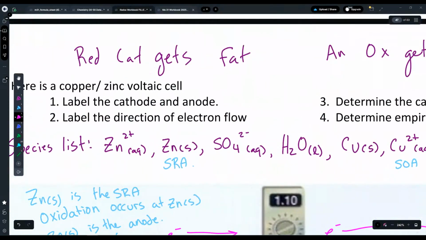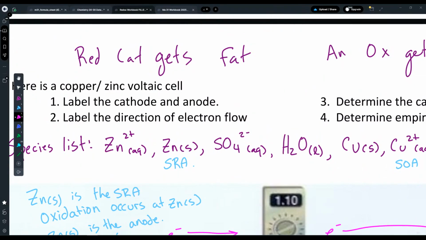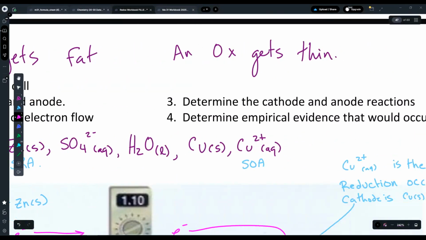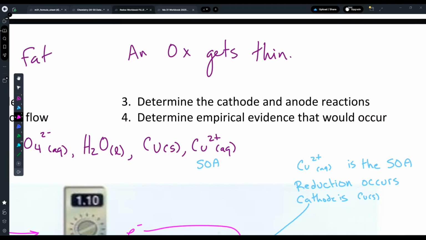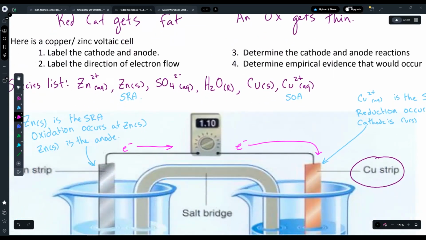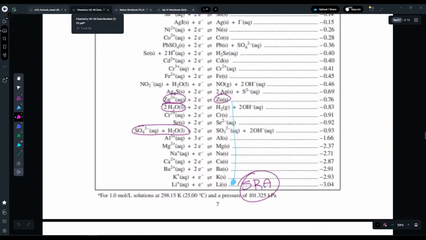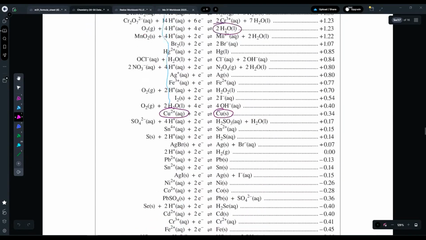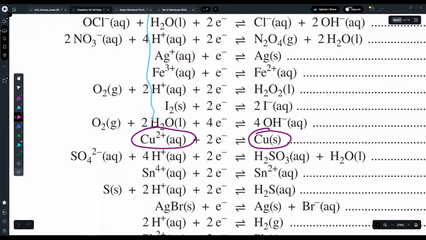Remember, red cat gets fat. So this is going to be our reduction half reaction, and that's going to belong to our SOA, because remember, the strongest oxidizing agent helps other things get oxidized, but it itself gets reduced. I'm going to check out this copper 2+ reaction in my data booklet. It was right here.